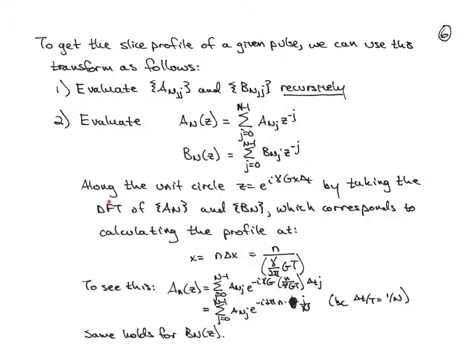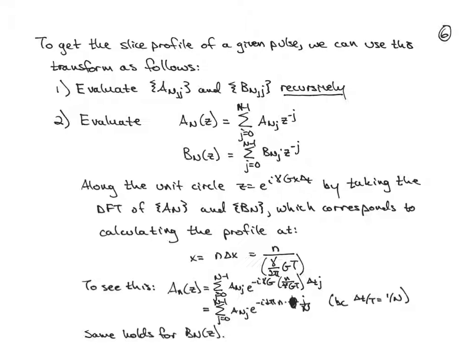That is the discrete Fourier transform, which we use the FFT to evaluate. And this corresponds to calculating the profile at a set of equispaced spatial locations or frequency locations, n delta x, which is equal to n over gamma over 2 pi g times capital T, where capital T is the duration of the pulse.